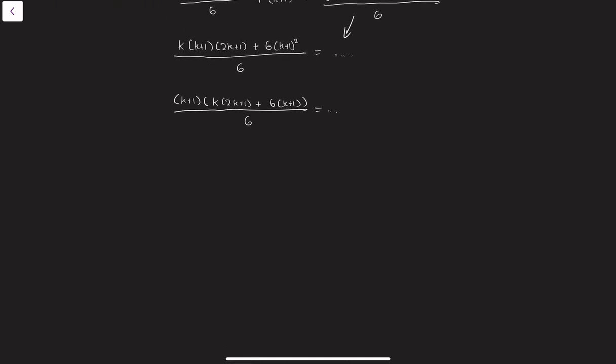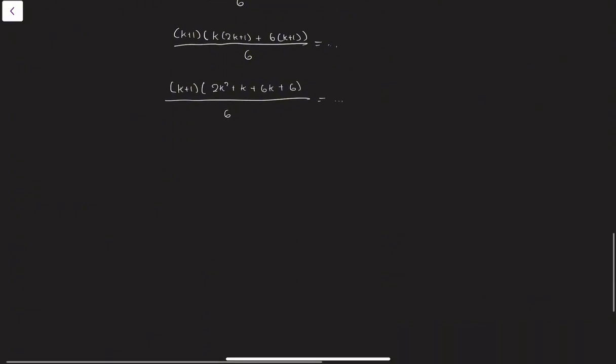Then going on, we can expand the terms inside this right here. So we'll go (k+1), and that gives us 2k squared plus k plus 6k plus 6, all over 6, is equal to dot, dot, dot. Great.